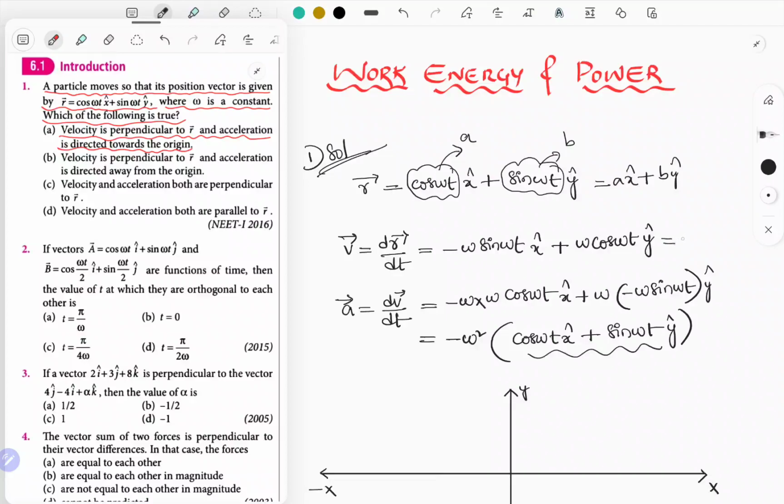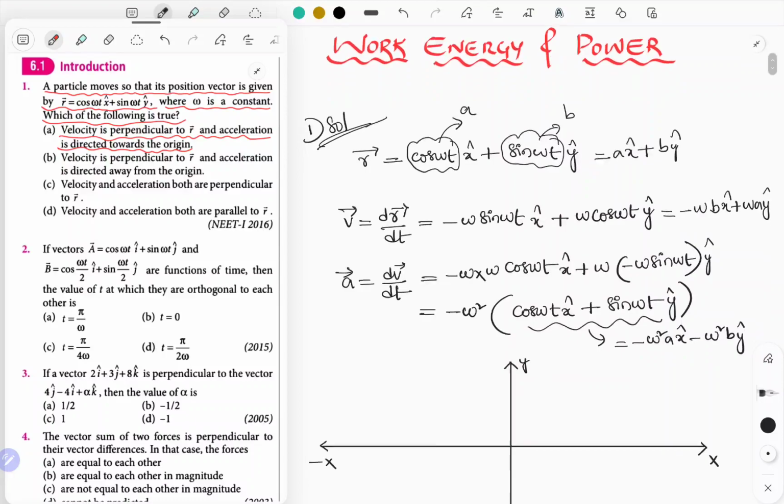What about the velocity? Minus omega sin omega t is replaced with minus omega into b x cap plus omega into a y cap. Then the acceleration can finally be replaced as minus omega square a x cap minus omega square b y cap.